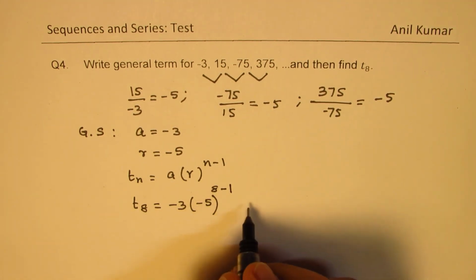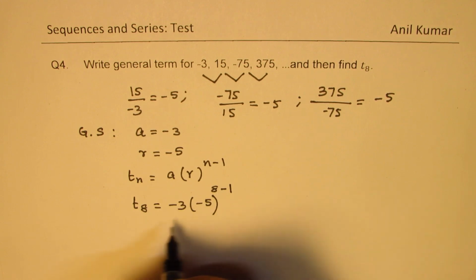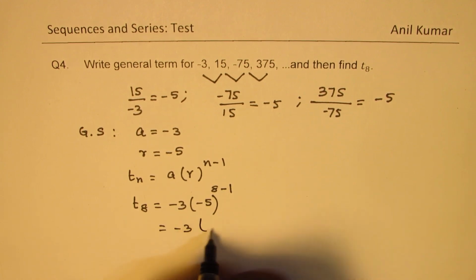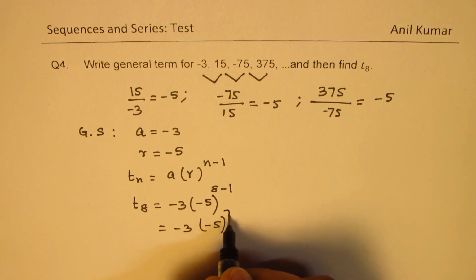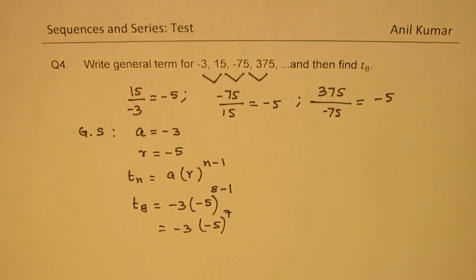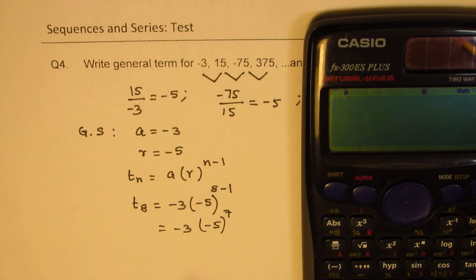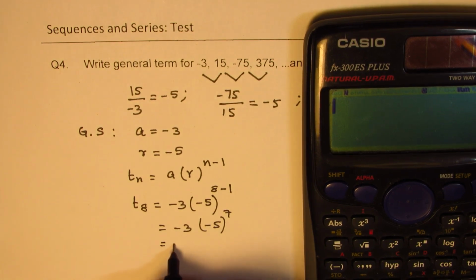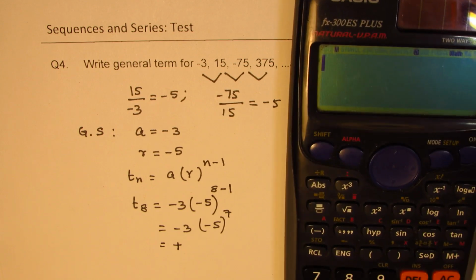And this can be calculated using the calculator. So we have minus 3 times minus 5 to the power of 7, correct? So let's use the calculator to figure this out. We know this is going to be negative, and negative times negative is going to be positive. So let's write positive here. We'll do 5 to the power of 7 and then multiply this by 3.